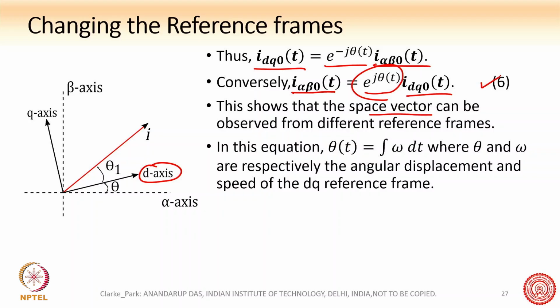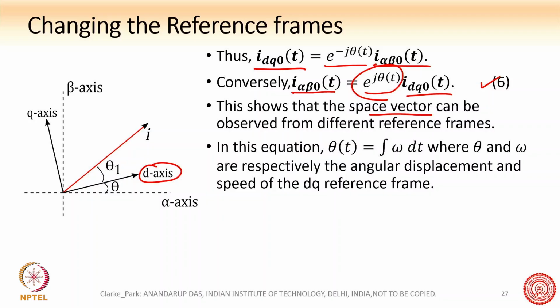This is evident from equation number 6: I alpha beta 0 is e to the power j theta into I dq0. So whatever space vector you are observing from dq0, you have to multiply by e to the power j theta to understand what the projections are in the alpha beta 0 axis.